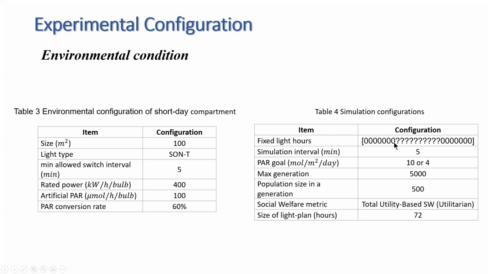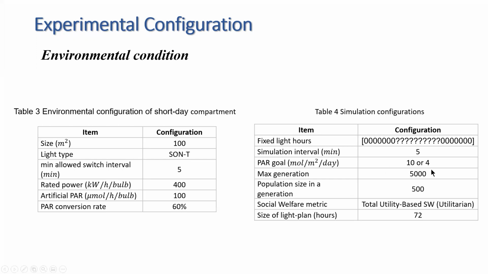All of these zeros represent hours in which the artificial light must be switched off. This is mandatory. Another point is that two PAR goals are involved in these simulations. They are 10 and 4.